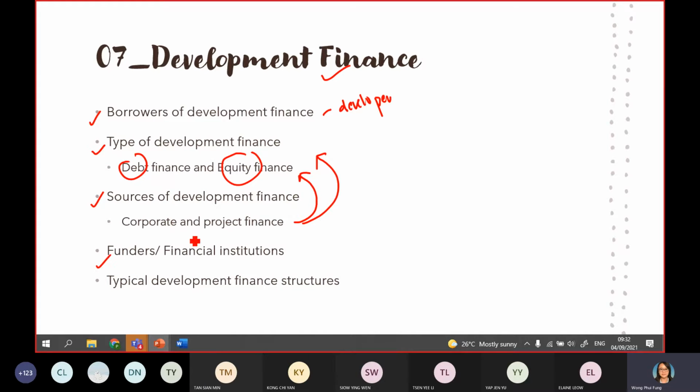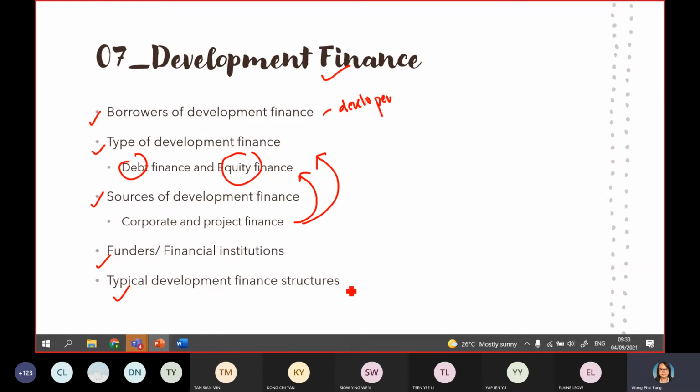Then after that, we all know why we say EPF and life insurance are long-term funders, and why general insurance are short-term funders. So in this subchapter, I introduce to you who the funders interested in property development are.